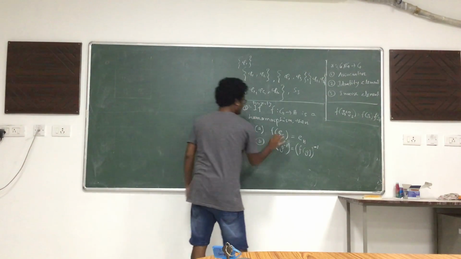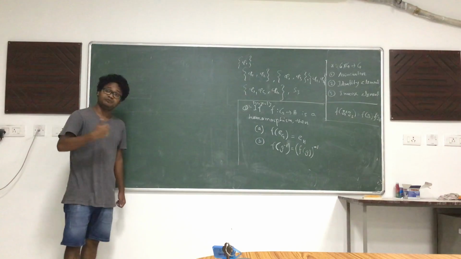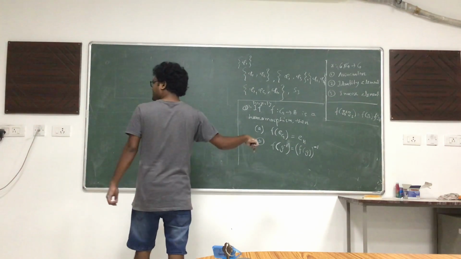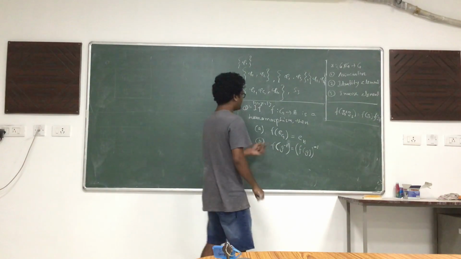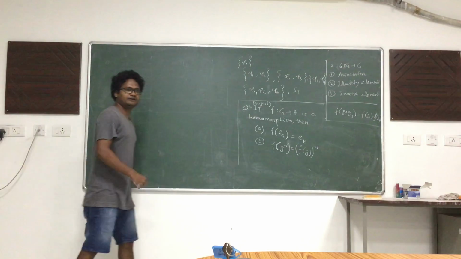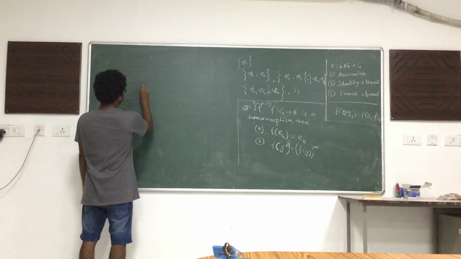So the first condition tells that the identity element has to be mapped to the identity element itself. Many other elements can be mapped to the identity element, that's not a problem. But the identity element cannot be mapped to some other element in the second group. This is easy to prove.